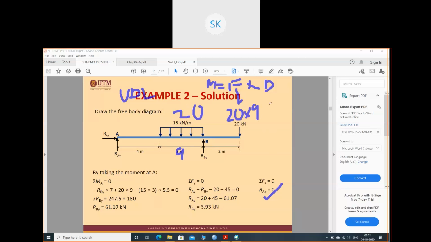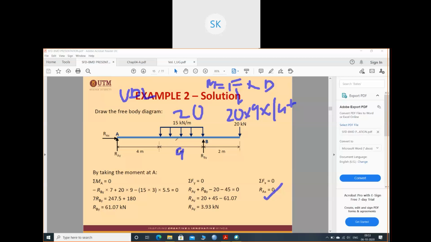Done. Now the distance. Distance from A: 4 plus what will be the half of 9? Why half? Because it is acting at 4 also. It is acting at the end of 4. At the end of 9 plus 4, how much will it be? At the end of 13. So you cannot take 13, that will be incorrect, and you cannot take 4, that will be incorrect.